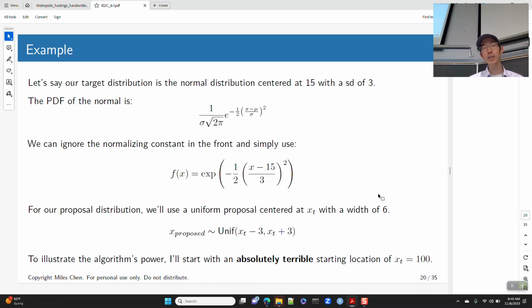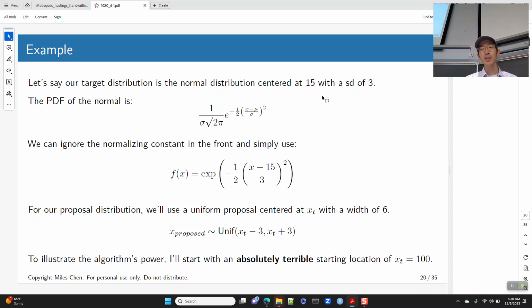Okay, so again, the target distribution is a normal distribution centered at 15, which means 68% are going to be between 12 and 18. 95% of our values are going to be between 9 and 21, 2 standard deviations, and 3 standard deviations would be 6 and 24. And so 99.7% of our values are going to be between 6 and 24.